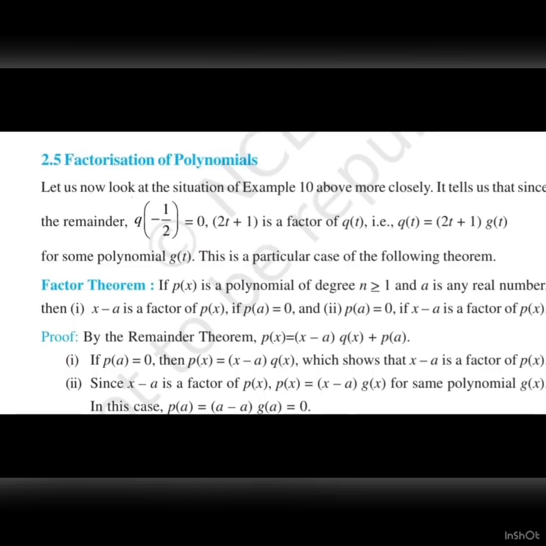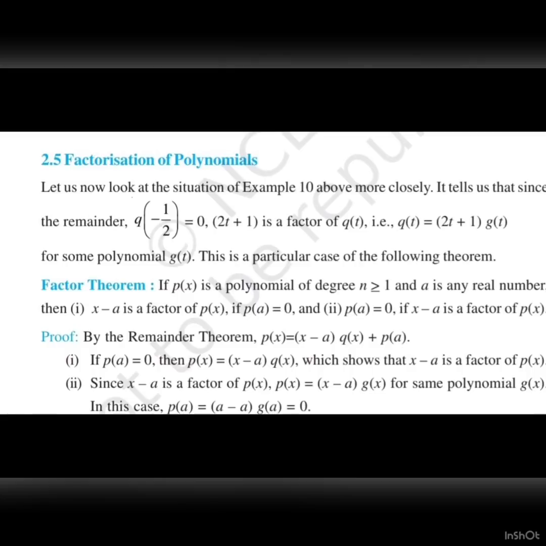Now consider the first point. We have to prove x minus a is a factor of p(x) if p(a) is 0. If we are given p(a) is equal to 0, let us put this value in this equation. So we have p(x) is equal to (x minus a) into q(x).